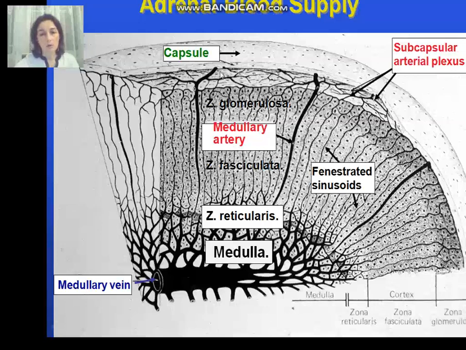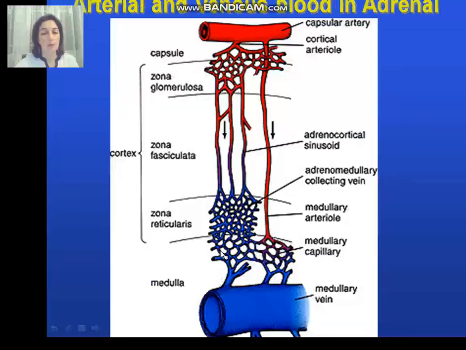In the capsule, the arteries form a network. From the capsule network arise arteries which come to the cortex for supplying the cortex. Those are cortical arteries, and we have medullary arteries which descend to the medulla to supply the medulla.